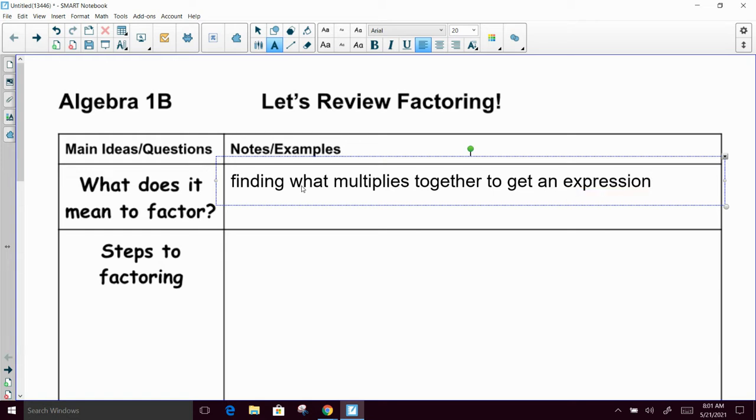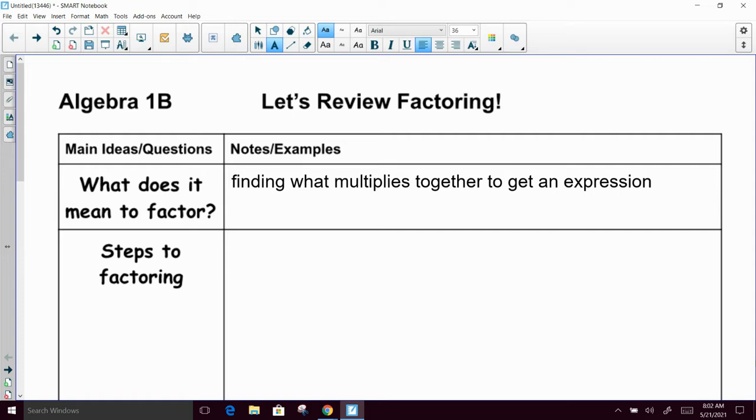Just like if you think of the number 8, factors of 8: 1 and 8, 2 and 4. That's factors of a number. We're talking factors of expressions, okay? So we're going to get into factoring polynomials and how we go about doing those.